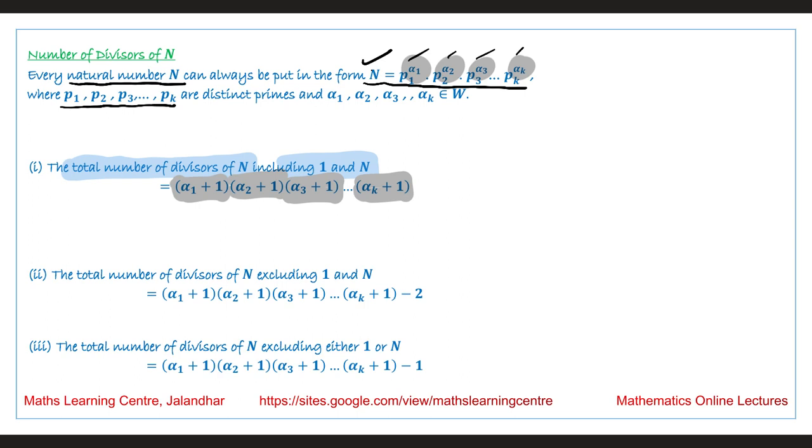Suppose we have a number which can be written in the form 2 raised to the power 3 into 3 raised to the power 4.